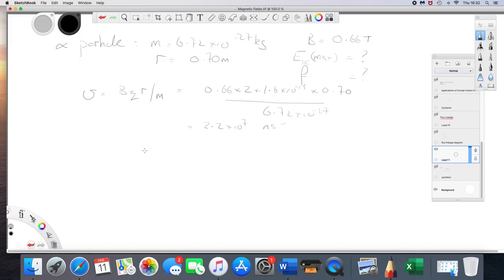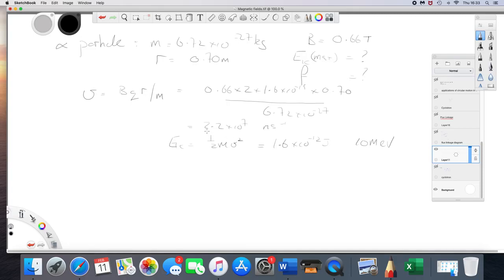And KE, of course, is a half mv squared. So if we stick our numbers in, squaring this, multiplying by the mass, then we get 1.6 times 10 to the minus 12 joules, or about 10 MeV. Now you can see this is about 6% of the speed of light.